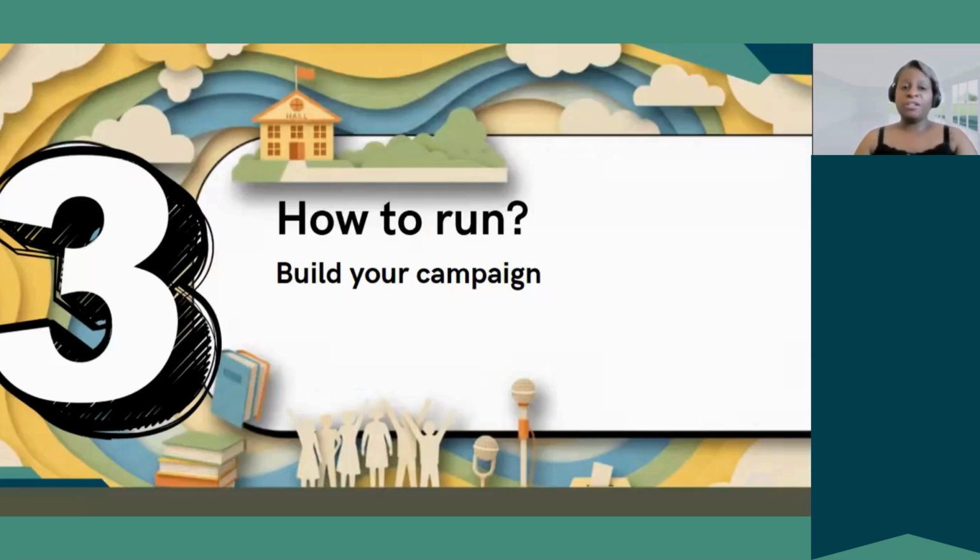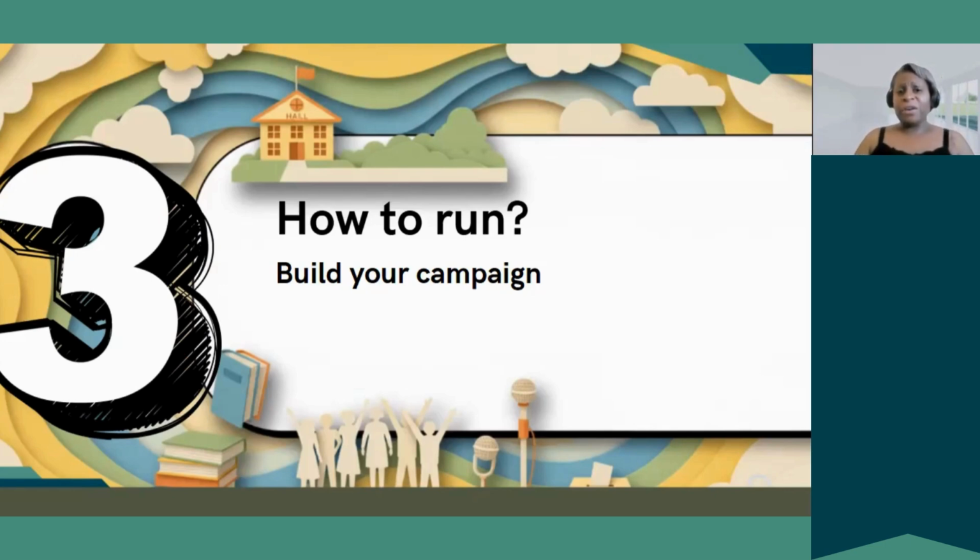So now we need to talk about how do you actually run? Like, what does that mean? And this is just the brass tacks of what steps do you take. I remember going through this extensive 6 month training, learned all of these really wonderful skills, understood a lot about the mechanisms of running for office.